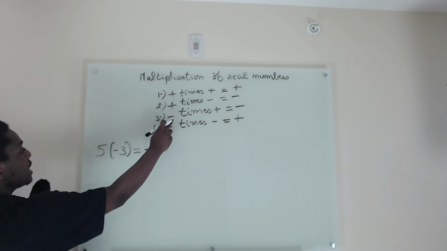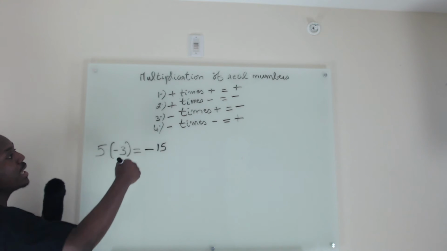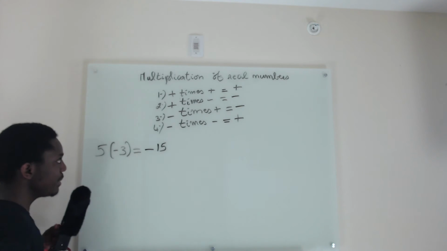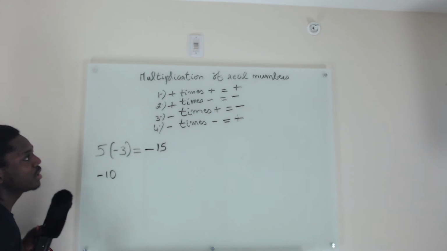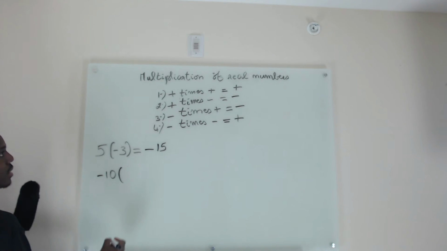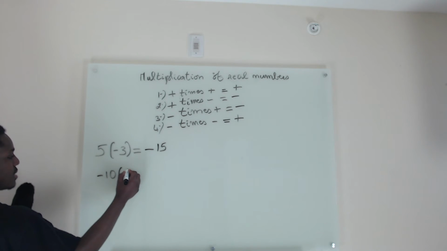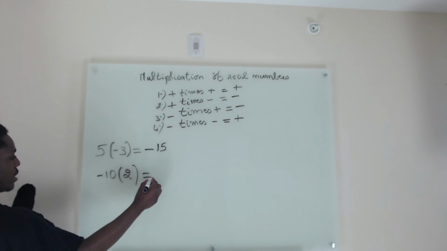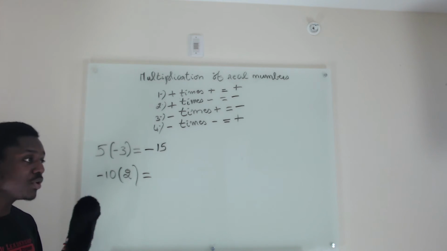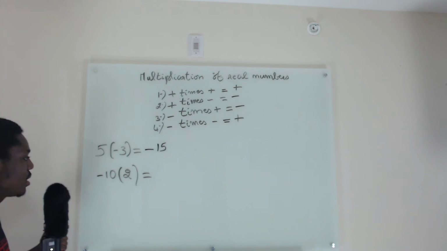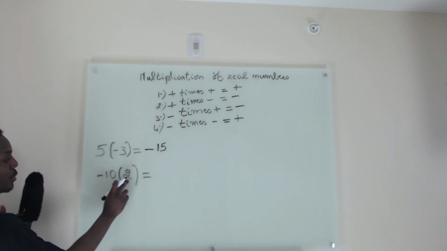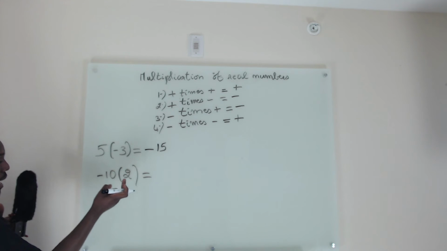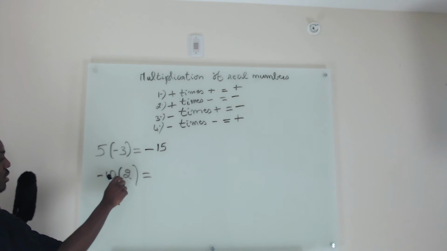Now let's take the third case: a negative number times a positive number. So we have the number negative 10, for example, multiplied by a positive number, let's say 2. Again, first things first, we multiply the signs. The sign of the number 10 is negative, and the sign of the number 2 is positive. As I said many times, if there's nothing, if it's empty, the sign is positive.